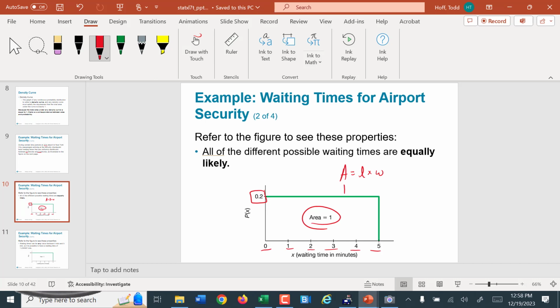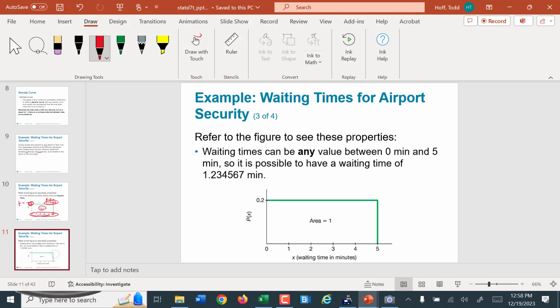Well, the area has to be 1, the length of it is 5, so the height has to be 0.2 to make that multiply up. So that height of 0.2 could be thought of as the total area of 1 divided by the range down here of 5 gives us that 0.2.